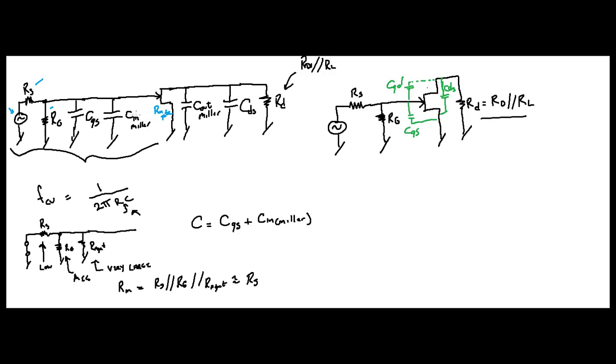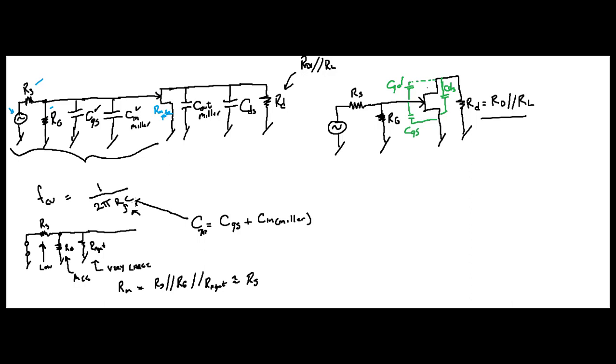Obviously you've got your CGS right here, and your C in Miller right here. So you sum them up, and that's your C total for your input. That is your capacitance.